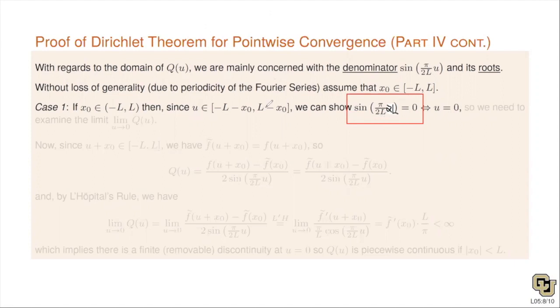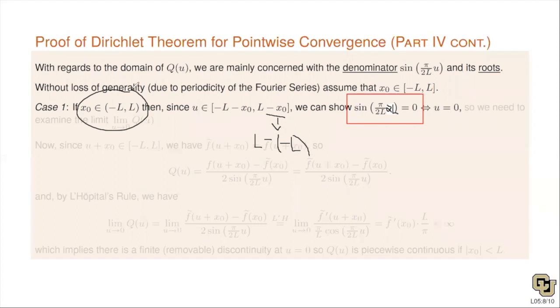But to get a 2L here, we'd have to have L minus L. So the only way I could get u to equal 2L, where u is in this interval, is if x naught were exactly equal to negative L. But x naught in this case can never be exactly equal to negative L. So u can never be exactly equal to 2L.